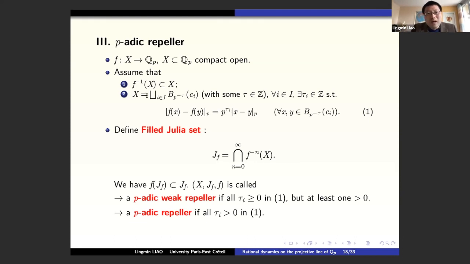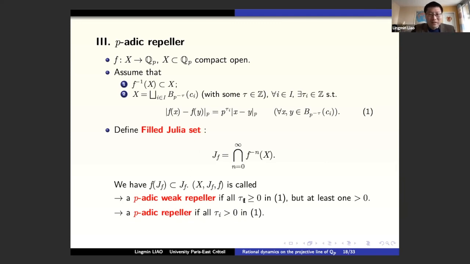That means I can decompose your compact open set into small balls of the same size. And in each small ball, you have this scaling property. Then I can define the Julia set like this. And then I need to study the expanding property.